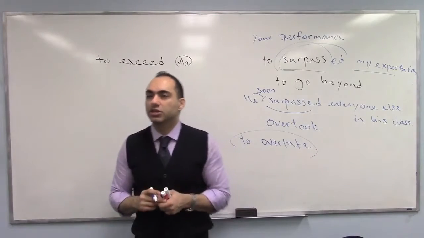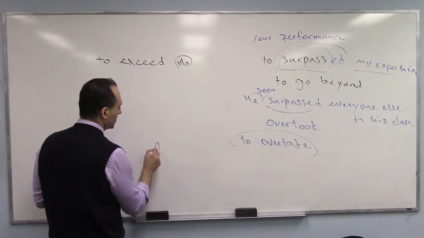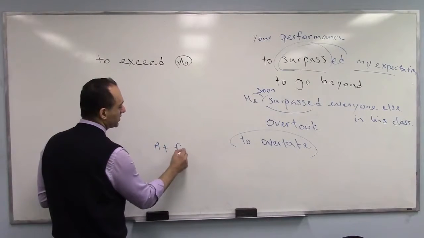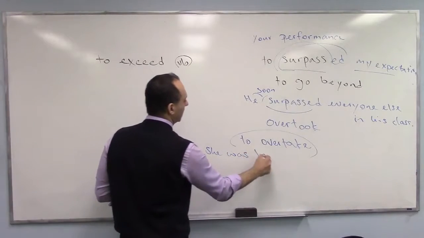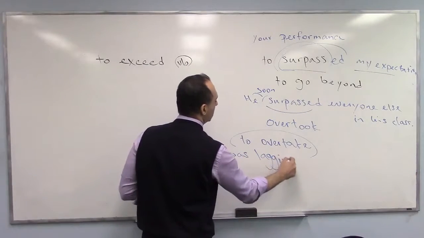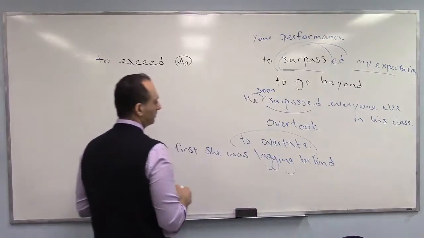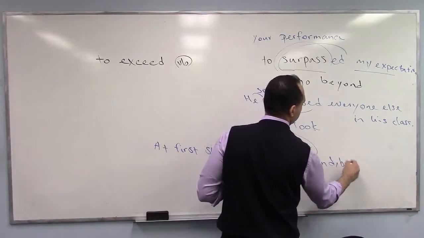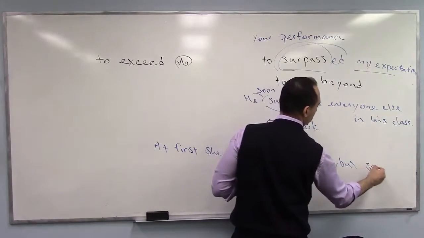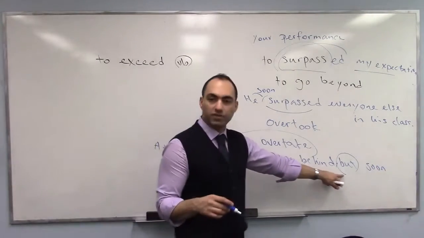So at first, she was lagging behind. You know to lag behind? At first, she was lagging behind. But soon, when you have "but" in the sentence, or "and" or "but", you need a comma before it.